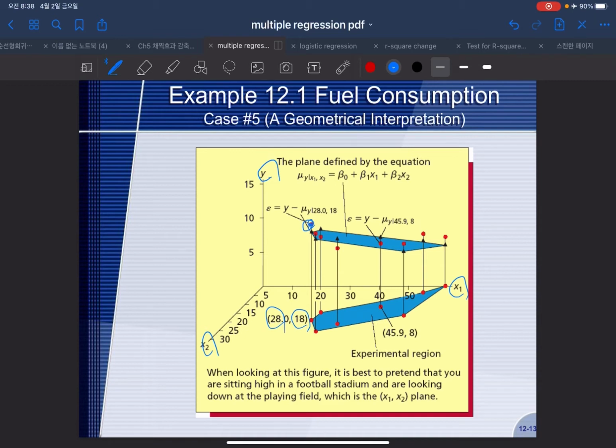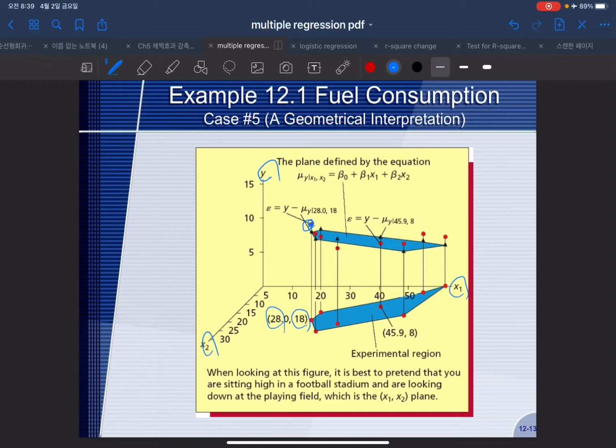We want to find the plane which minimizes the sum of distance squares from each data point to the plane, right? It's very hard to draw a graph, but the basic idea is the same. The least square method is used to find the plane which best represents the relationship between independent variables and the dependent variable, right?